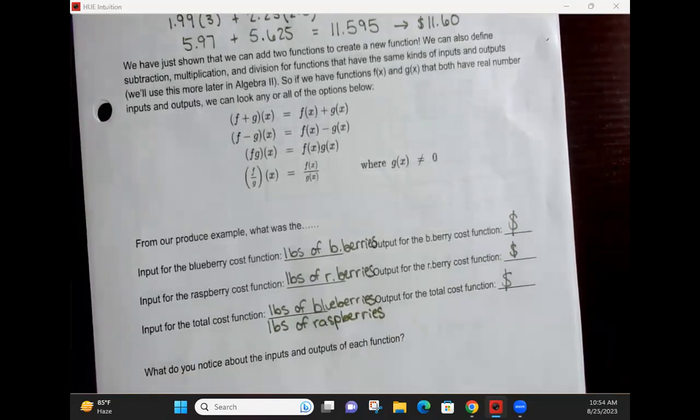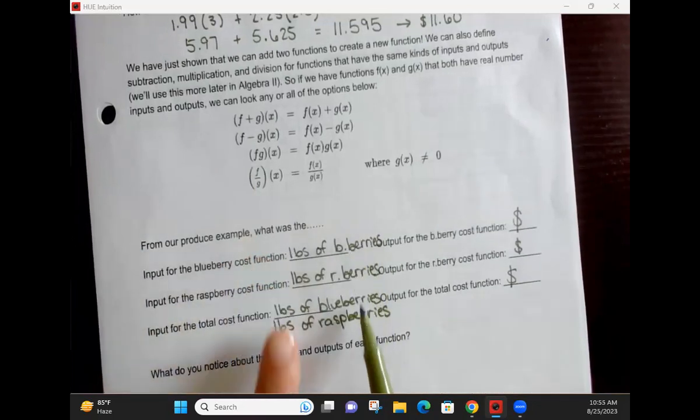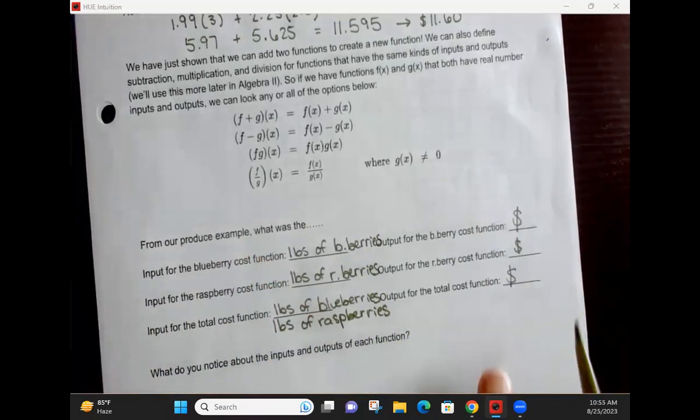What we're going to look at today is a new idea. Whether we realize it or not, we've done stuff like this before. Total cost, if I'm buying different things, we've done stuff like this before. What we're going to look at is a new idea where instead of adding or subtracting functions that have the same type of input and getting the same type of output, we're going to look at what's called a composition of functions.